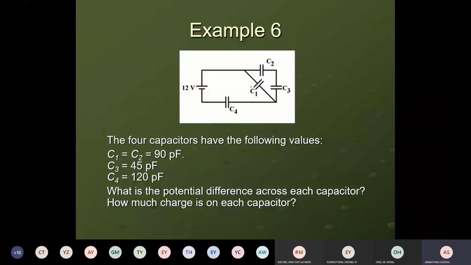So they want to know what is the voltage here. What is V1 to V4? They want V1 to V4, and they want Q1 to Q4. Okay.